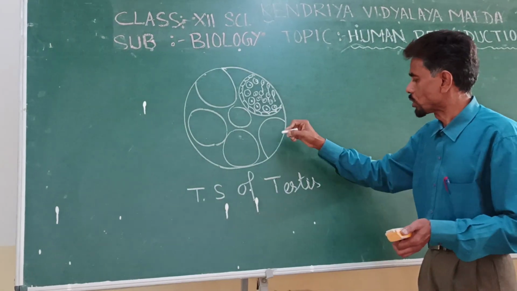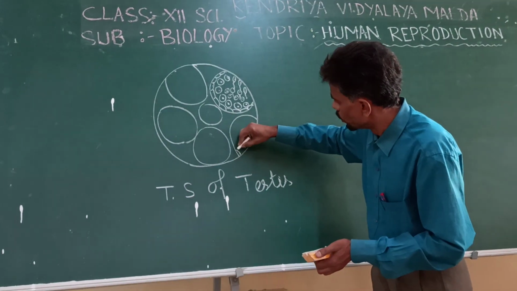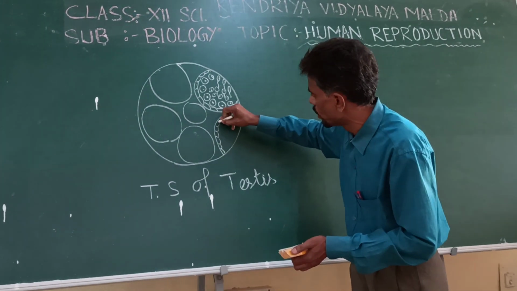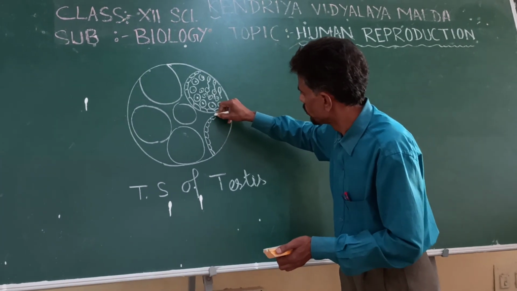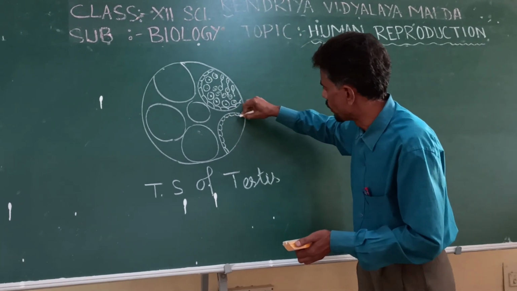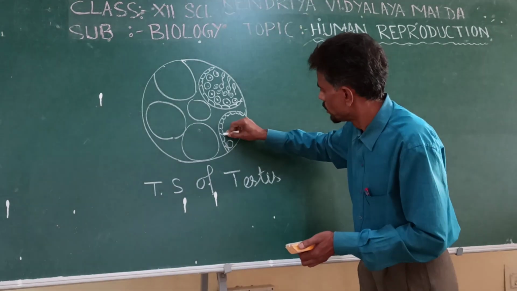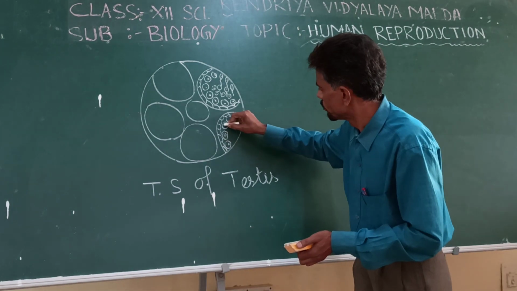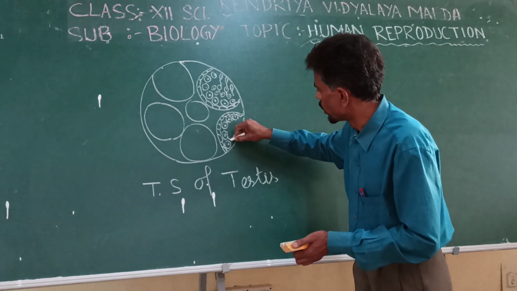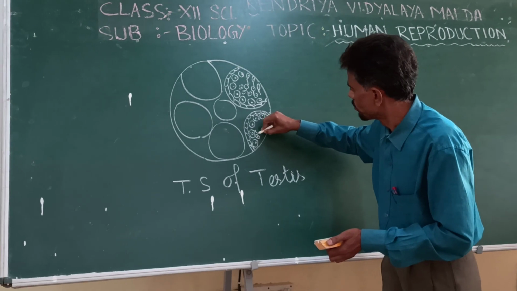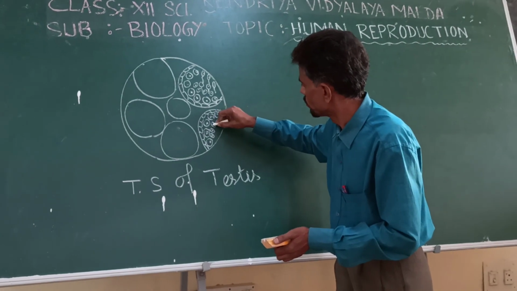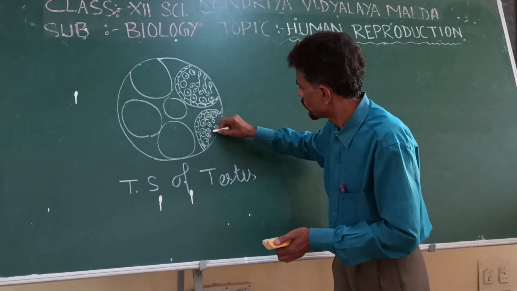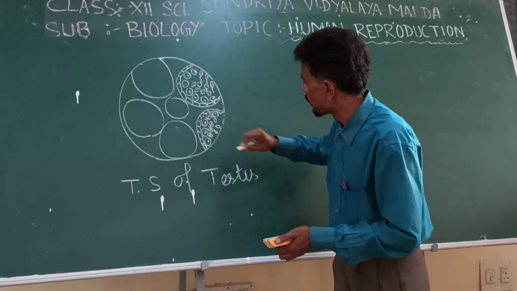So the same structure you will get everywhere within this cross section passing through the seminiferous tubule: the spermatogonial cell, the sertoli cell, spermatid, and spermatozoa.